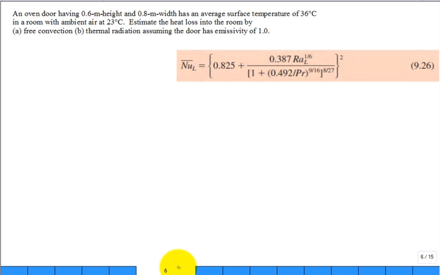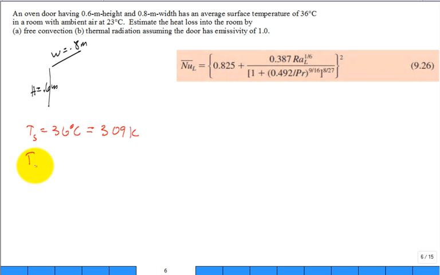We have an oven door, and they give us the height, h, in the gravitational field. So this is 0.6 meters plus the width, which is 0.8 meters. It has an average surface temperature of 36 degrees C. A lot of times, just go ahead and convert 36 to 309 Kelvin.